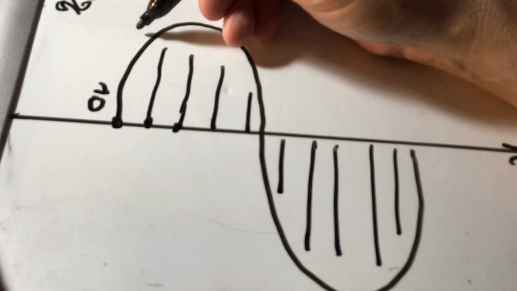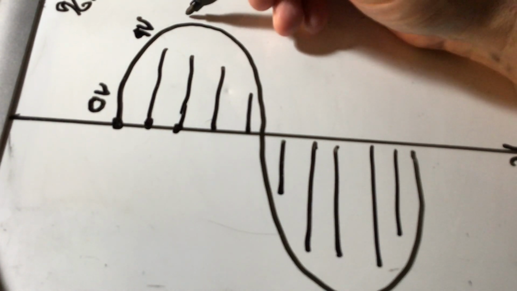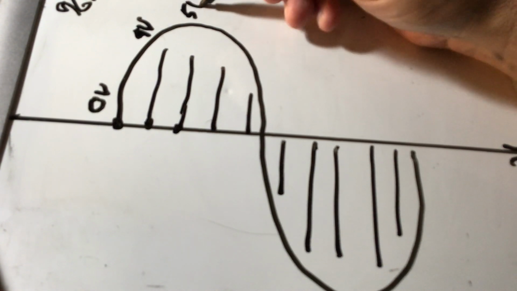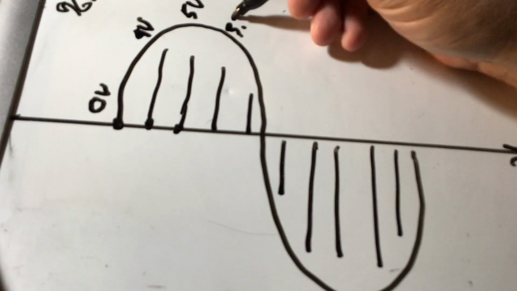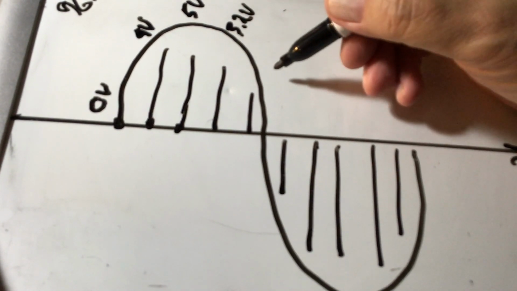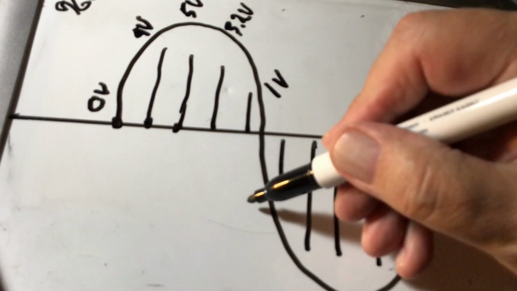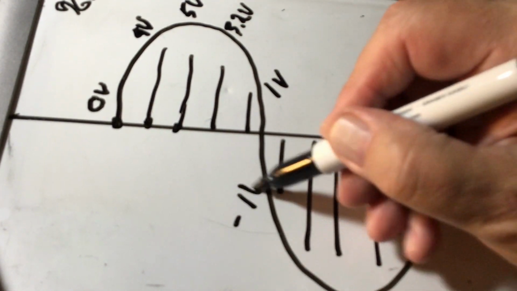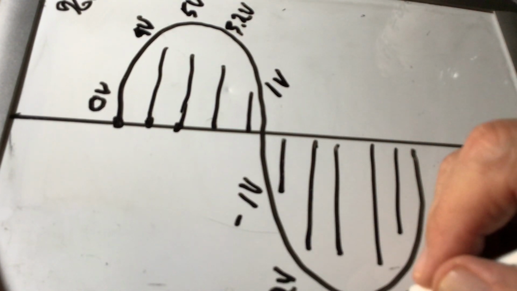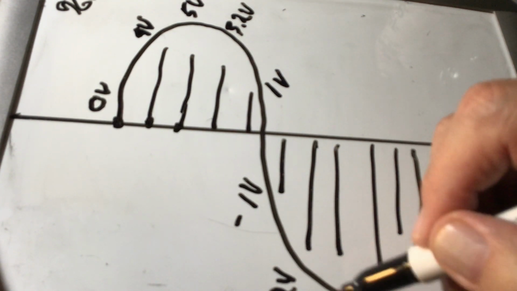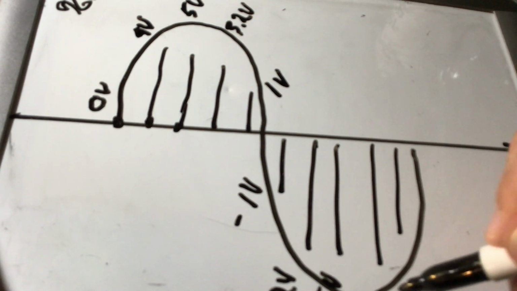So up here it might be sampling 4 volts, say, or this might be 5 volts. This next one might be 3.2 volts, or this might be 1 volt, and then here it's going to be negative 1 volt, and then 2 volts, and then say this is 4.5 volts, and then another 3 volts here.